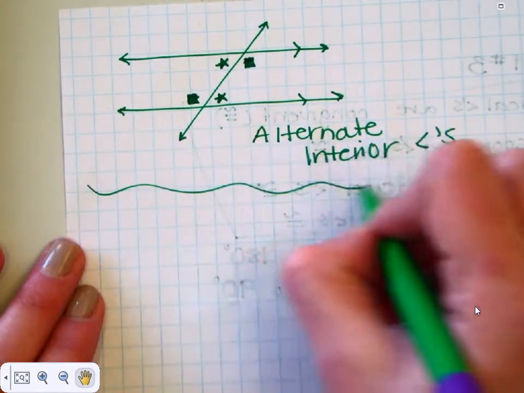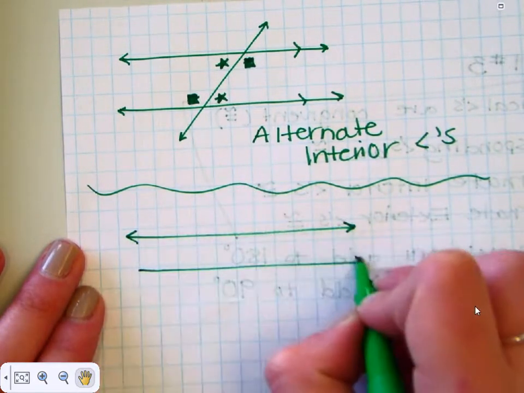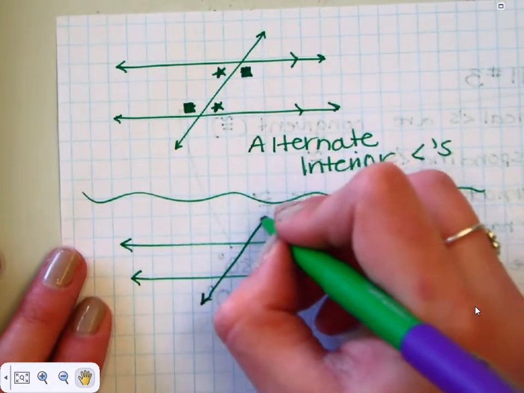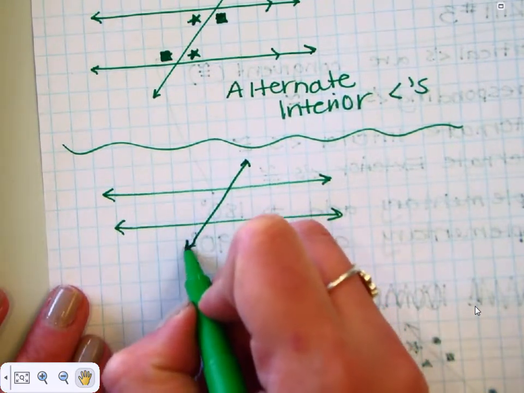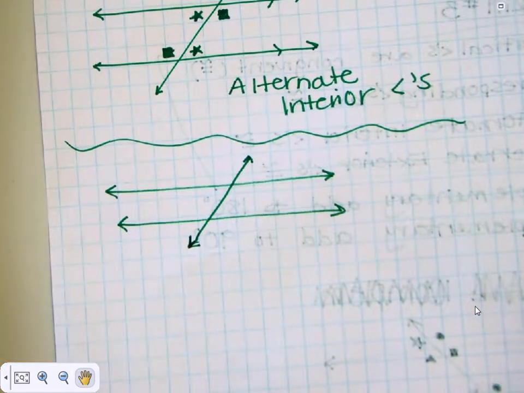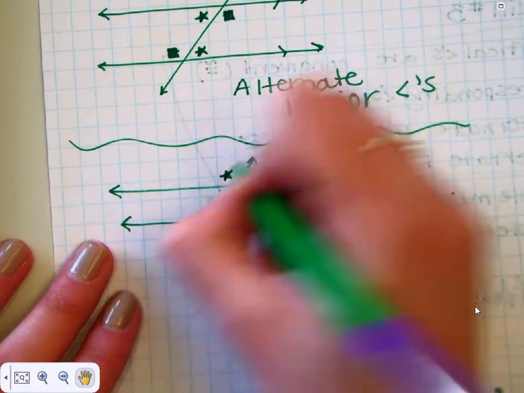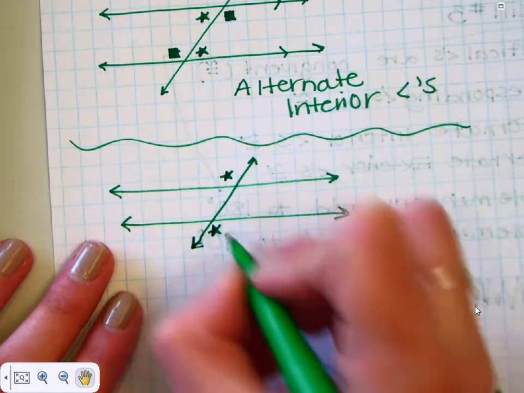Next, and I don't know if it might be our last, oh no, we'll do supplementary. So finally, I'll draw our last picture here. Alternate exterior angles are opposite, but on the outside of the parallel lines. For example, the star would be alternate exterior to that, and those are congruent.